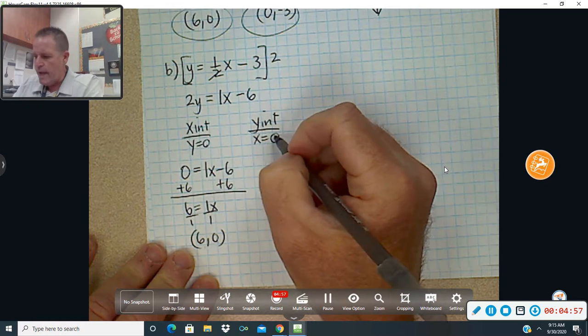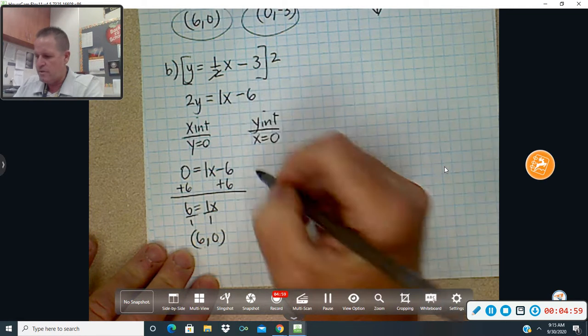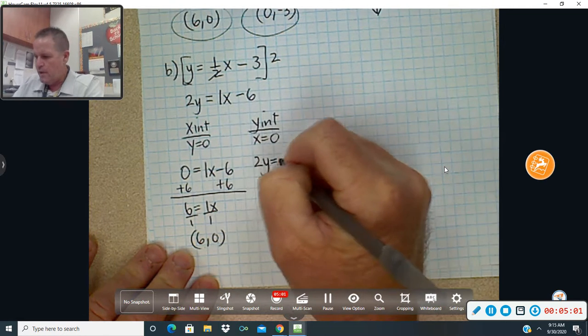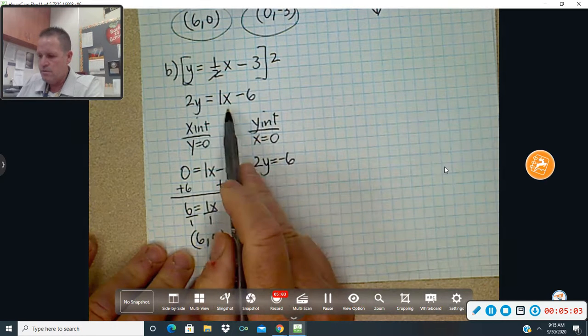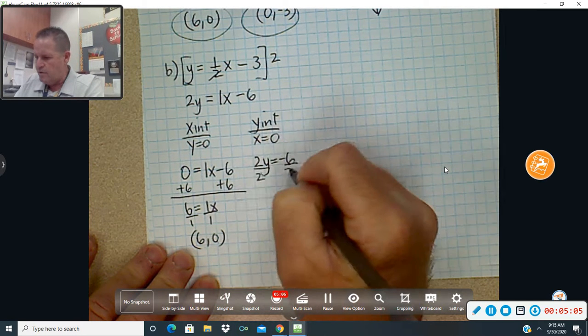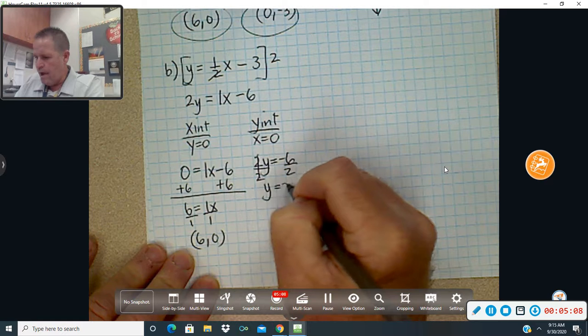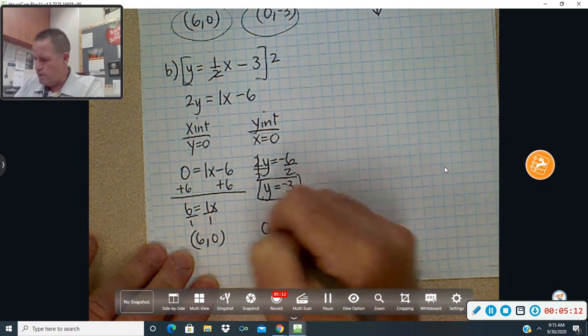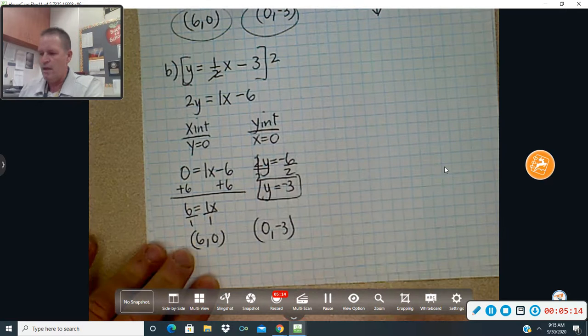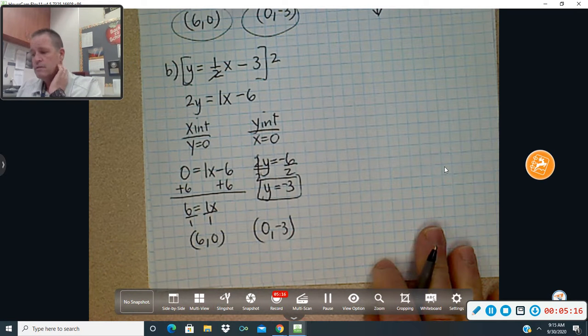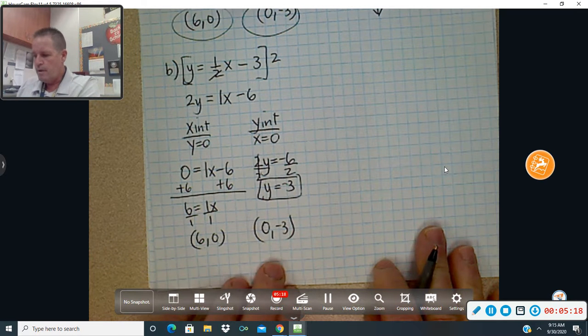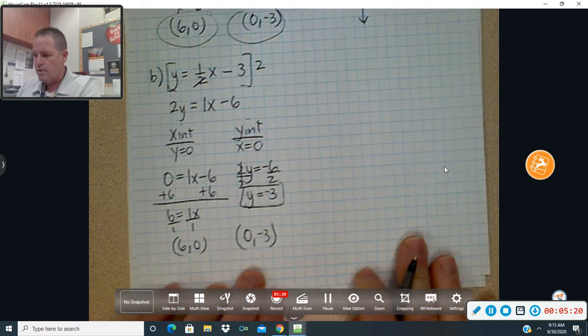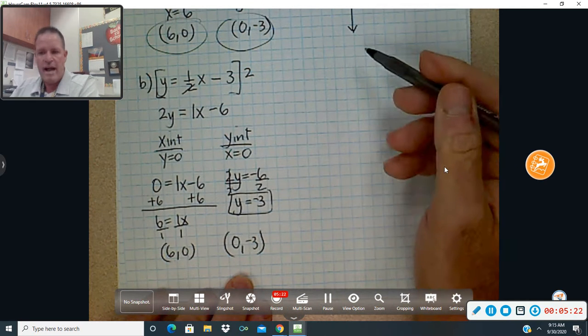Now for your y-intercept, that's where x is 0, so you're going to have 2y equals negative 6. Divide each side by 2 to get y equals negative 3. So this is going to be (0, negative 3) for my y-intercept.